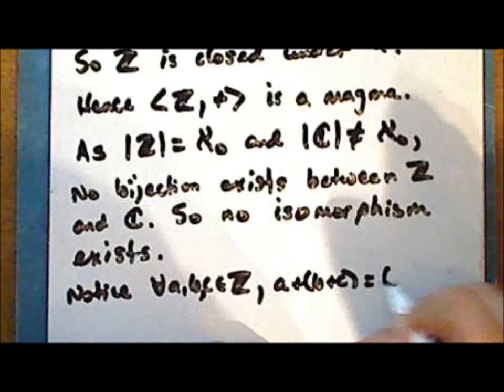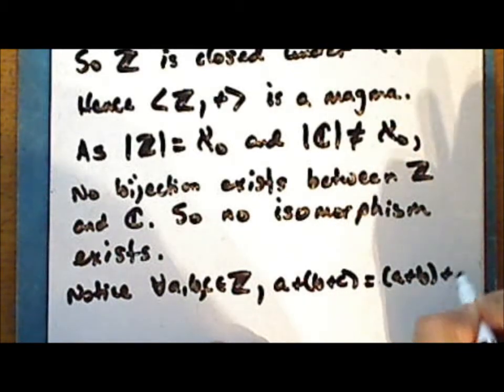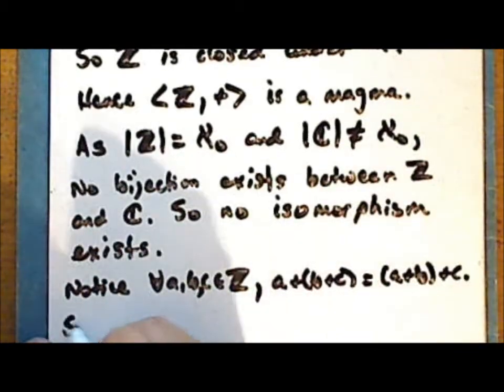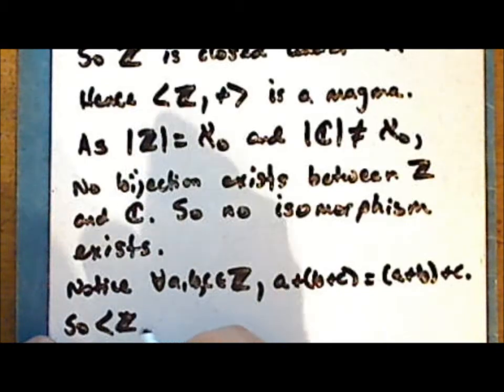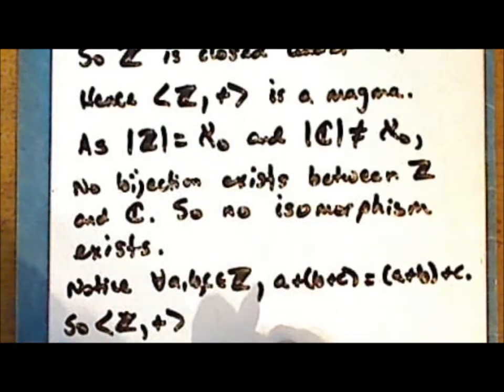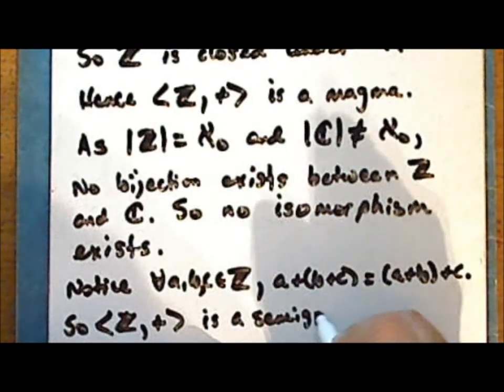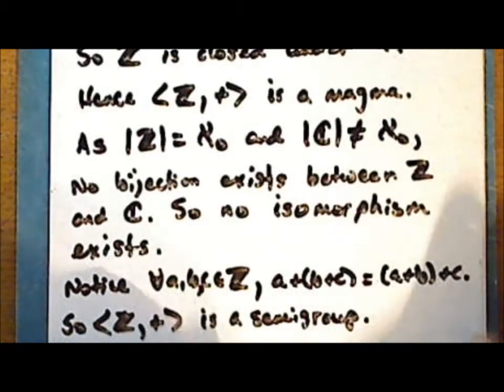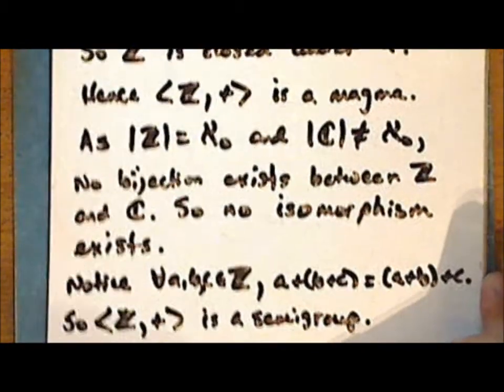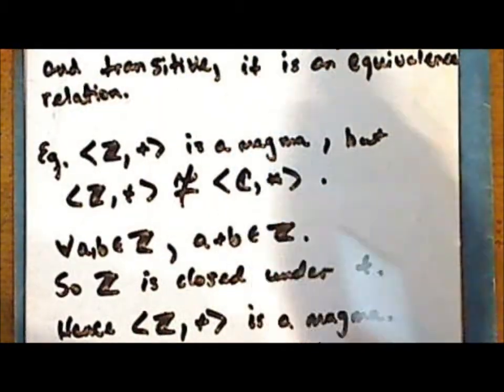When we perform the sum, we always obtain the same result. And so the structure consisting of the set of integers together with addition is a semigroup. And so it is a different type of structure than the complex numbers under the operation star.